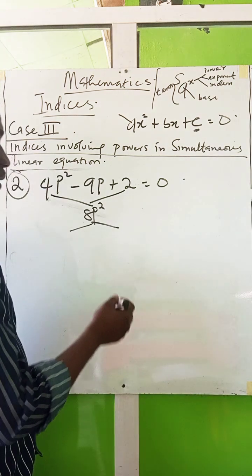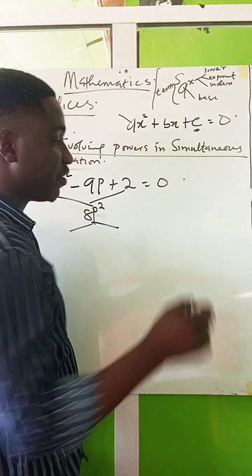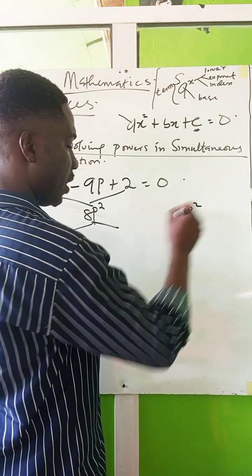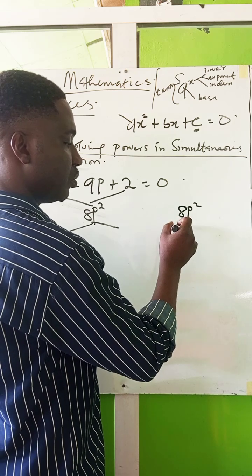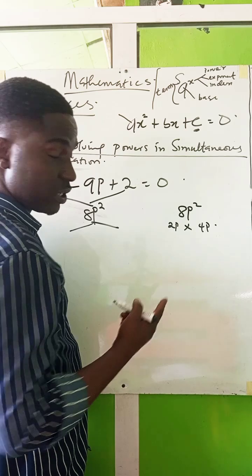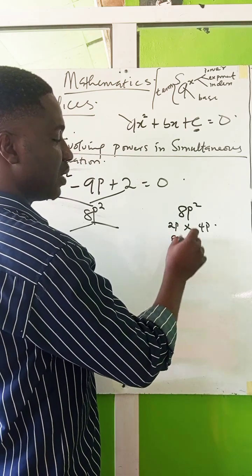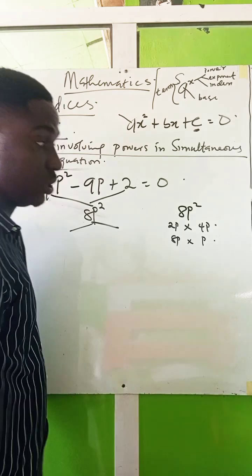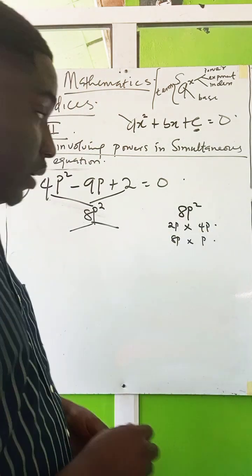Factors of 8p squared could be 2p times 4p, which gives us 8p squared, right? It could also be 8p times p, which will also give us 8p squared.